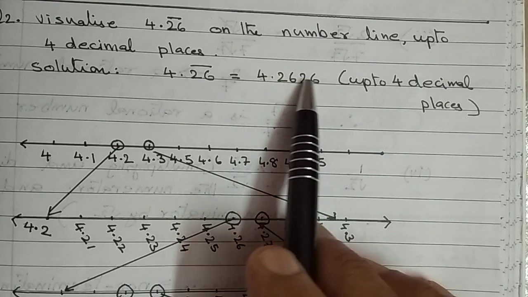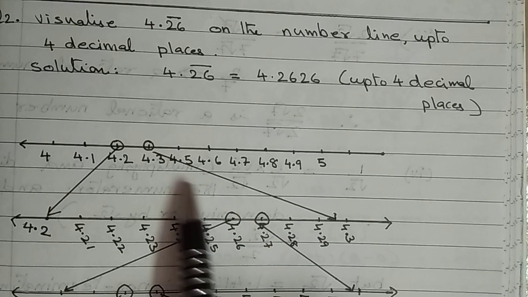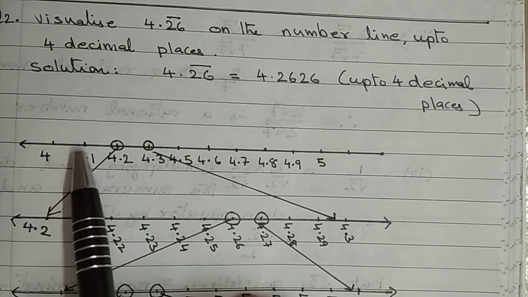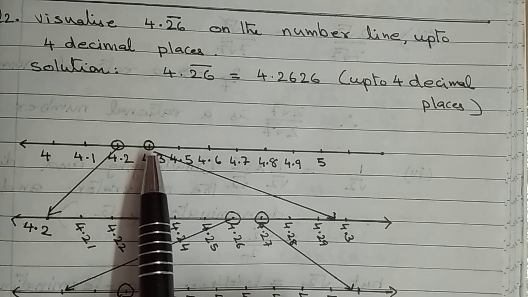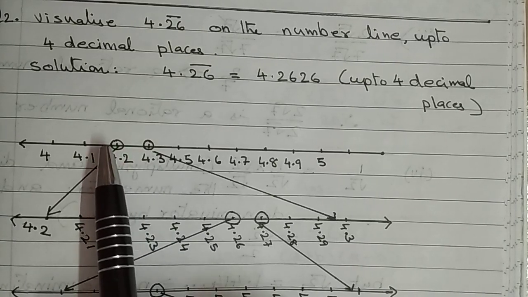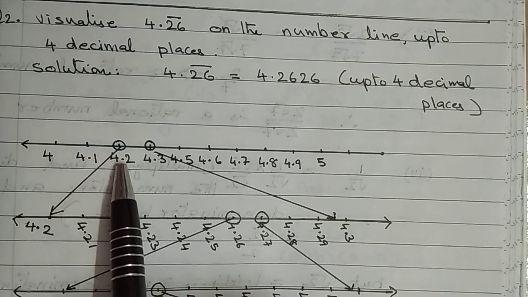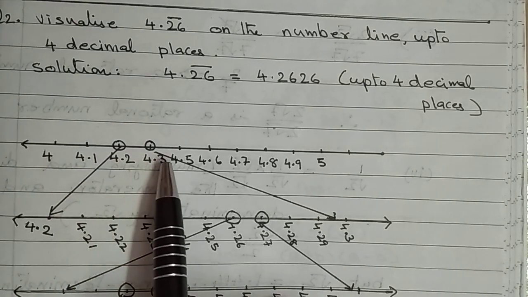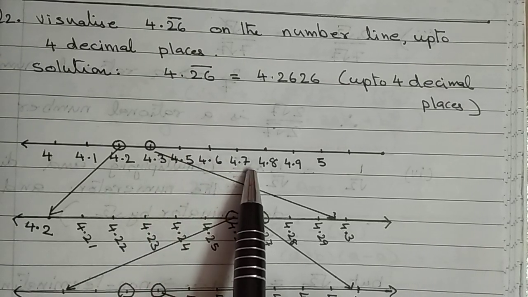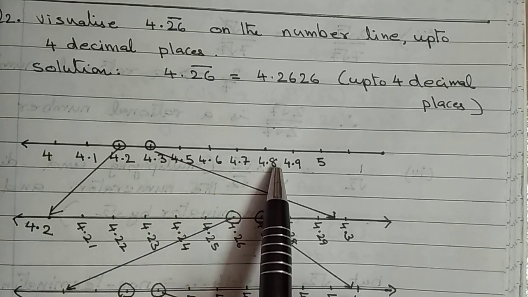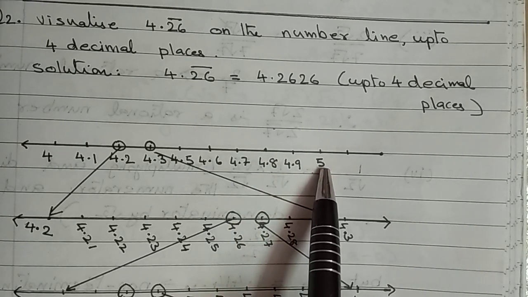Since there are 4 decimal places, we will draw 4 number lines, and here the first one we will mark 11 points starting from 4, 4.1, 4.2, 4.3, 4.4, 4.5, 4.6, 4.7, 4.8, 4.9 and 5.